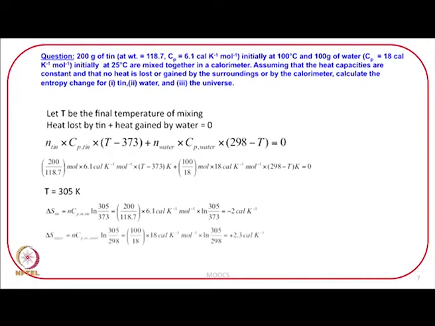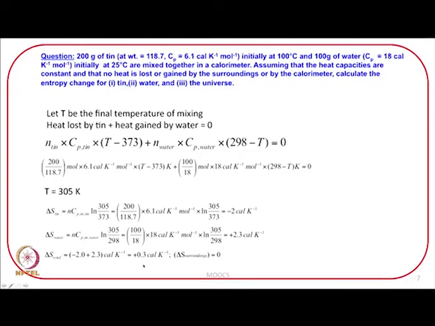And since heat is gained by water, if you do the calculations for water by substituting the appropriate numbers, it will come out to be plus 2.3 calorie per Kelvin, and the total delta S will be this plus this, which is minus 2 plus 2.3, and this turns out to be 0.3 calorie per Kelvin.